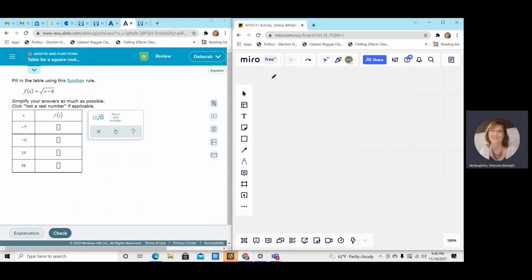That's better. Okay, so we have two columns. So x and f of x, and f of x equals the square root of x plus 6.